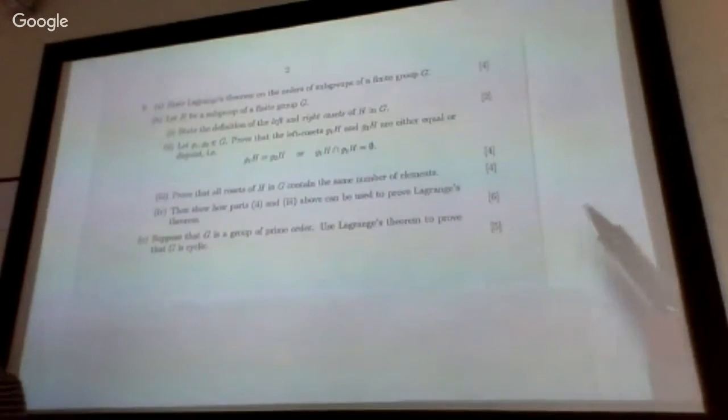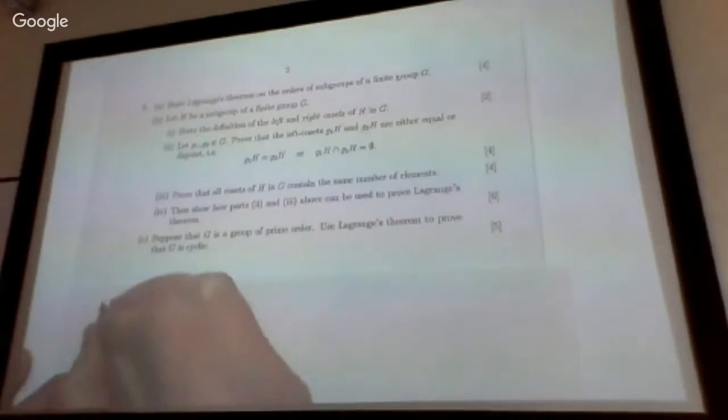Part C is an application of it, quite an important application of Lagrange's theorem, that every group of prime order is cyclic. Any questions just about the questions? No. Okay. So, what would we write for this?